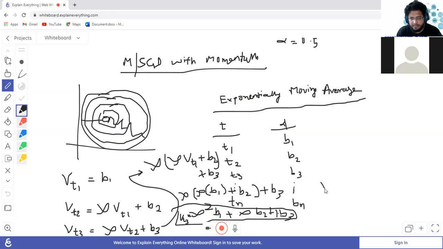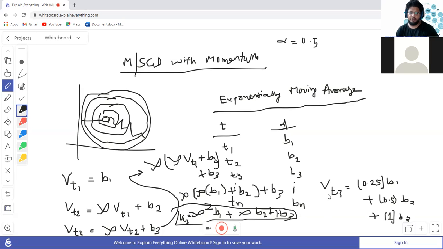So in this function, vt3 is equal to 0.25 of b1 plus 0.5 of b2 plus 1 of b3.